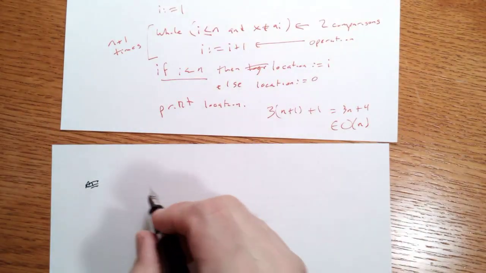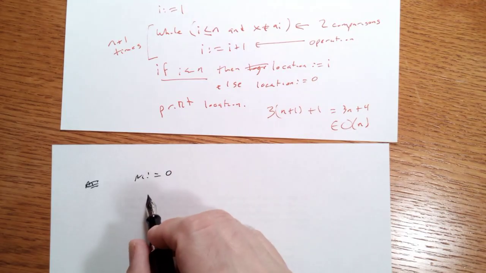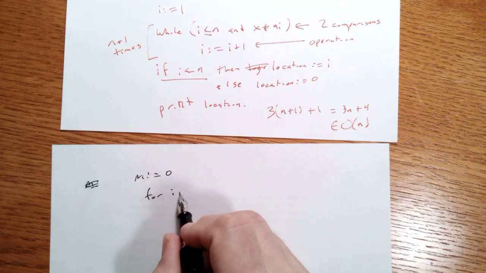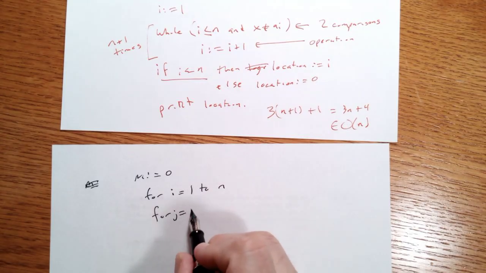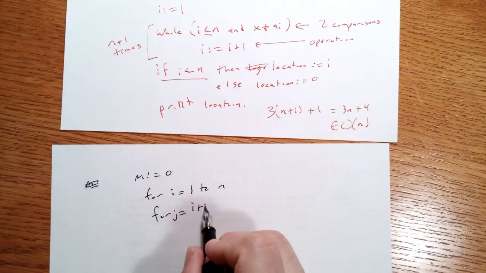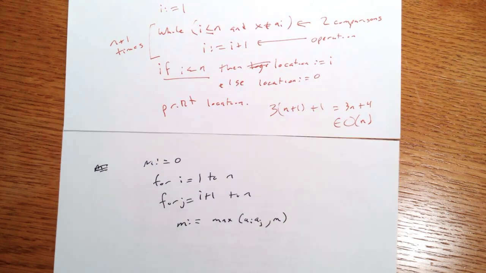What they've given me is just a loop. M equals 0, for i equals 1 to n, for j equals i plus 1 to n. M equals max of a_i j comma m. Oh, okay. This is part of an algorithm.